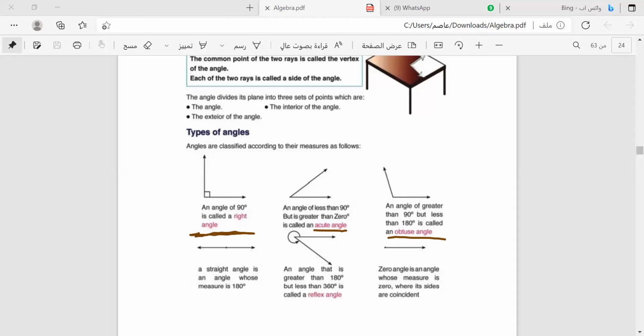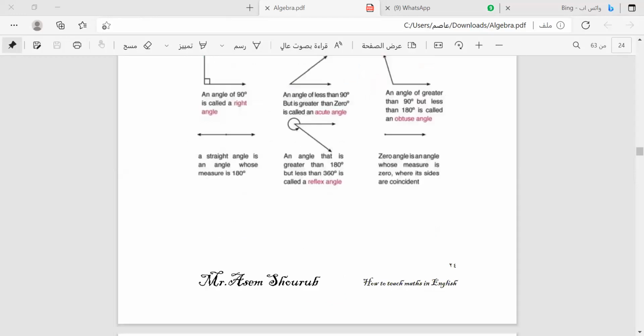The fourth is called straight angle. Straight angle, its measure is 180 degrees. It's called straight angle.